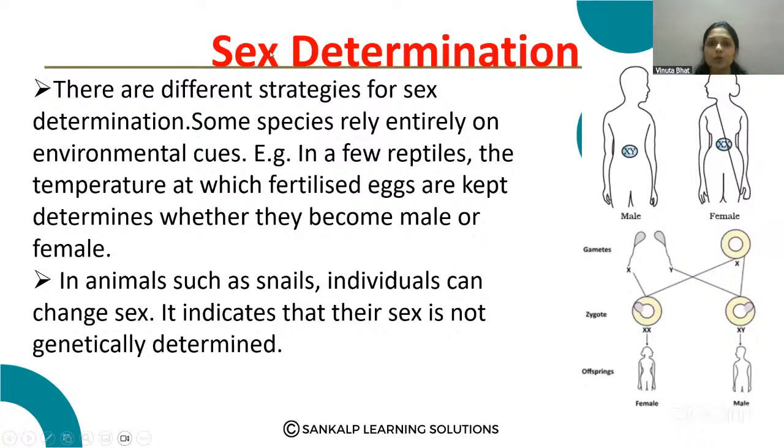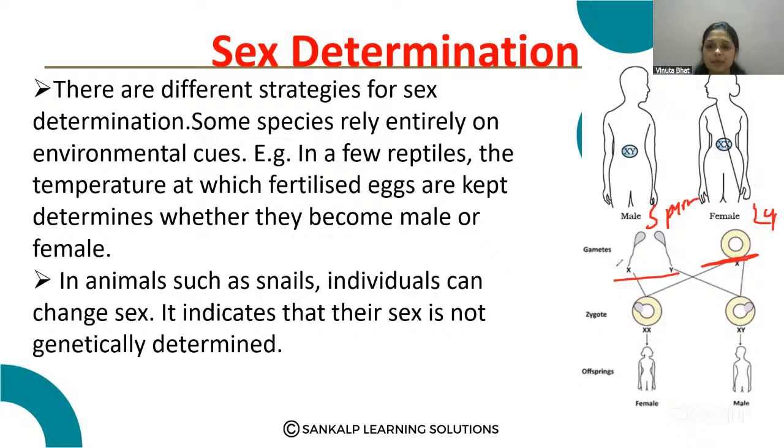In case of human beings, males and females produce gametes, right? The male gamete is the sperm and the female gamete is the egg. So the male produces the sperm, I will write here, and the female produces the egg. You can see the egg and the sperms here.